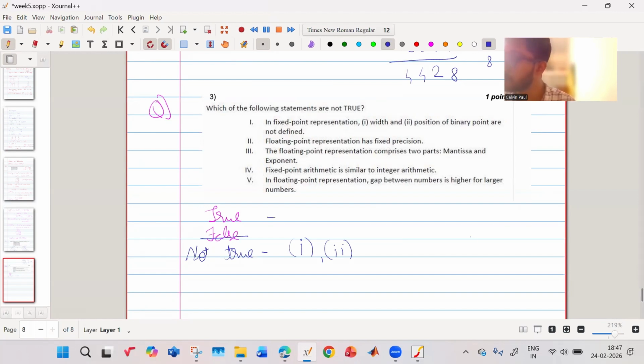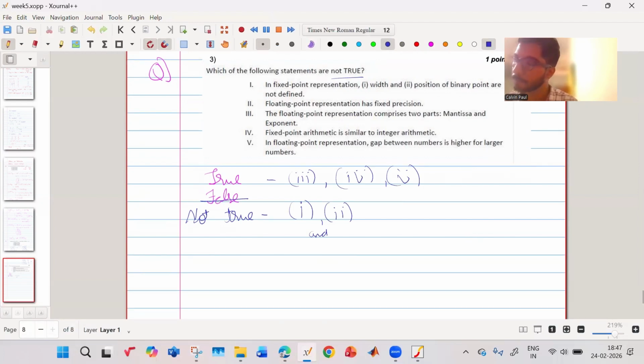This is true. Fixed point arithmetic is similar to integer arithmetic. It is true, right? In floating point representation, the gap between numbers is higher for larger numbers. That is true over here. So they are asking which of the following statements are not true. So not true are statements 1 and 2. Okay. So these are the statements which are not true.